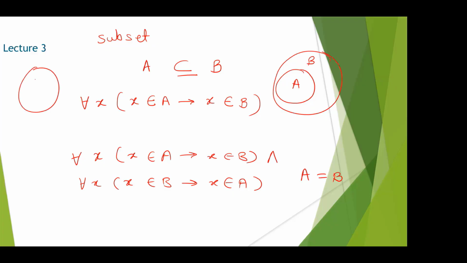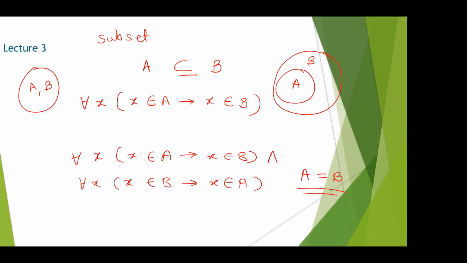Both these possibilities come under the subset definition. When we have the formal definition from both ways, that is the condition where both sets are the same: everything in B is part of A, and everything in A is part of B.